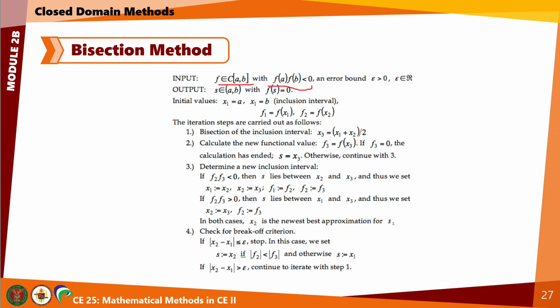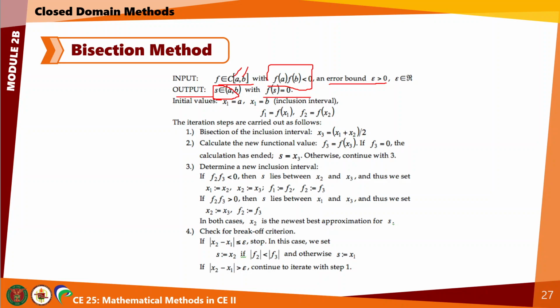Tapos, ensure na yung product ng function values at A and B is negative. We have a tolerance value. Ibig sabihin, kapag umabot na dyan yung absolute error or less than that yung absolute error natin, stop na tayo sa iteration. Okay, and then ang output dapat ng program is yung solution S, such that yung function value at that S is 0.